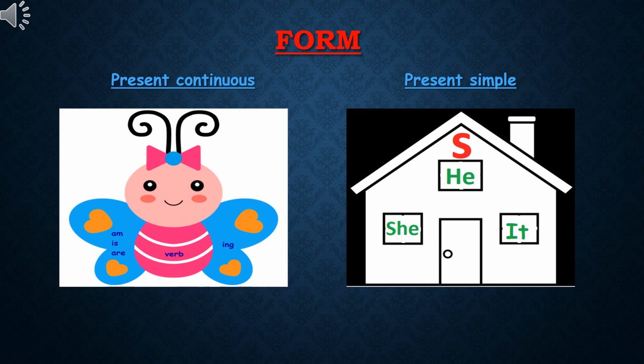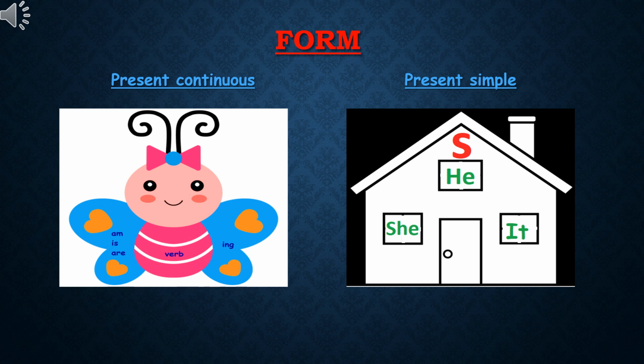The second part is the verb, like run, play, eat, drink. The third part is the ing. So, make sure that Cookie has the three parts.